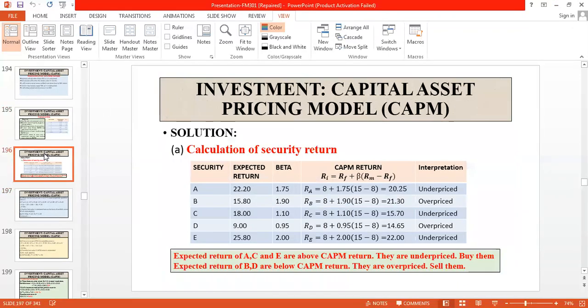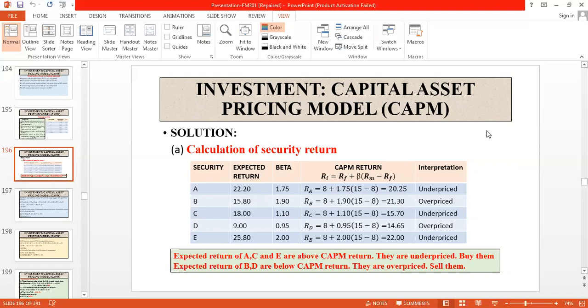This is the first slide where security returns are calculated on the basis of the data provided using the security market line concept. The security market line concept is: RI means return of the security or return of the share, RI equals RF plus beta times RM minus RF.